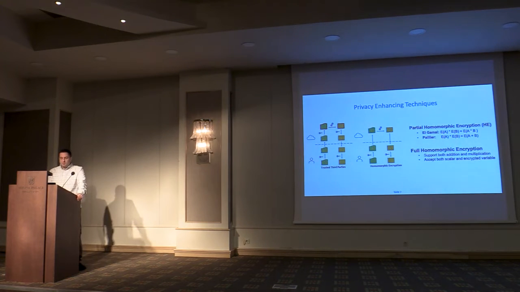In practice, when we want to make a computation in the cloud, most of the time we rely on third parties. In this case, we encrypt the data and send it in an encrypted format to the cloud. And when it reaches the cloud, the data is decrypted and processed as plain text.